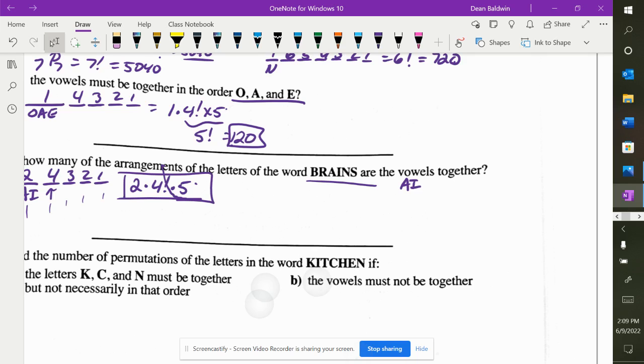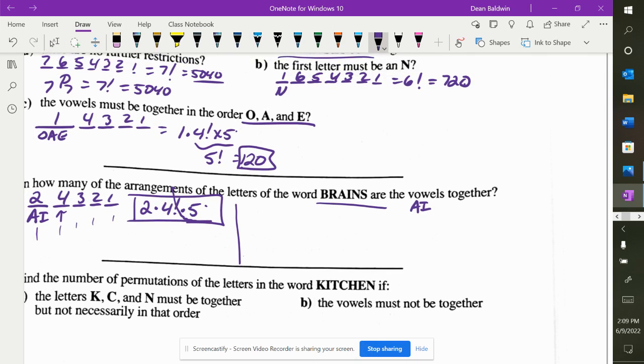If I force letters to be together but in any order, it's a homegrown formula. The formula is the number of letters restricted, so that would be the vowels in this case, factorial. Because if it's 3 letters that I restrict, there's 6 ways to arrange those letters: 3, 2, 1.